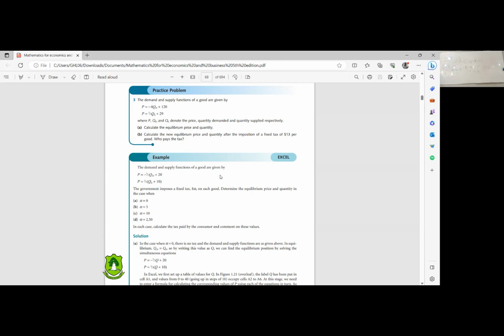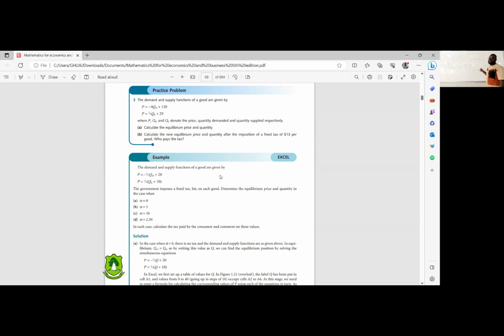Is that not it? Which means this is quantity supply. Are you getting it? And this is quantity demand. So even at equilibrium, to solve this, you just equate the price from the demand side equal to the price from the supply side. So you will have this one plus this one quantity.